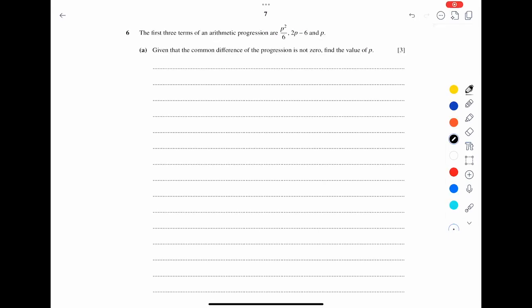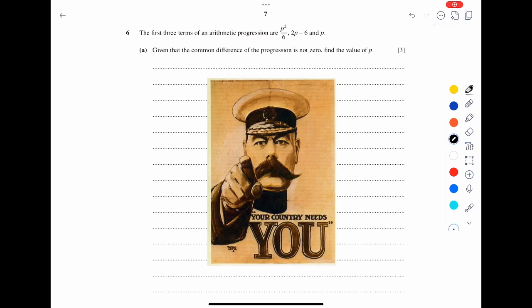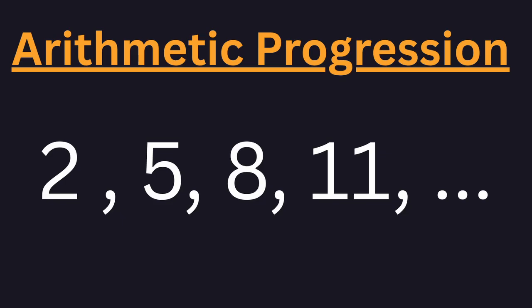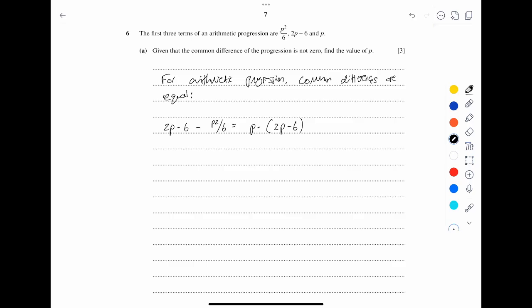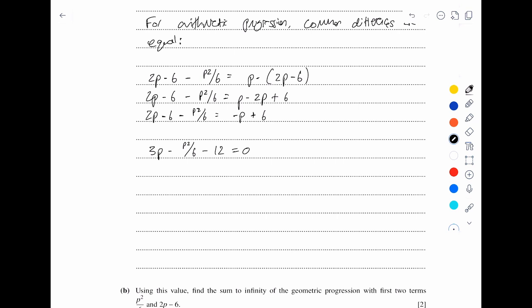Most people would freak out here, but not you, because you understand that in an arithmetic progression, the differences between the different terms are equal, which is important because it means that 2p minus 6 minus p squared over 6 is equal to p minus 2p minus 6, which we can simplify down to be 3p minus p squared over 6 minus 12 is equal to 0.